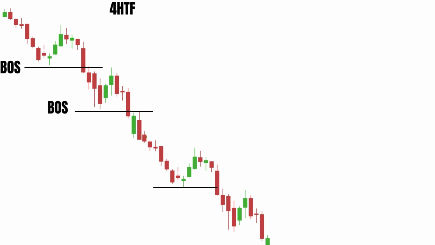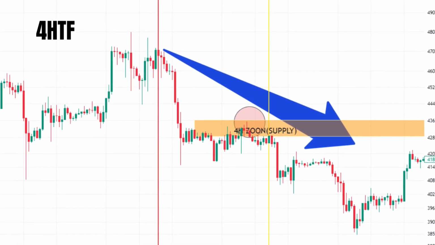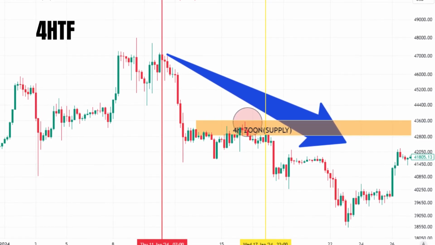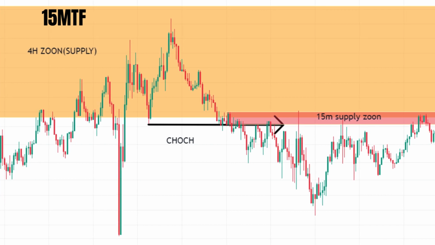Imagine we have a 4-hour structure where price is in a downtrend and has created a series of bearish moves. We identify an unmitigated supply zone at the extreme. If we have a perfect sell setup on the 4-hour time frame, confirmed by the criteria and rules of a high probability trading setup, our next step is to switch to the 15-minute time frame and closely monitor price movement.